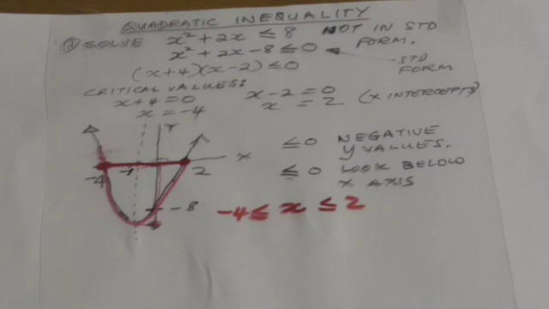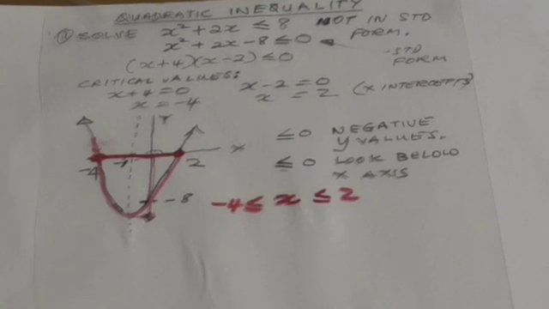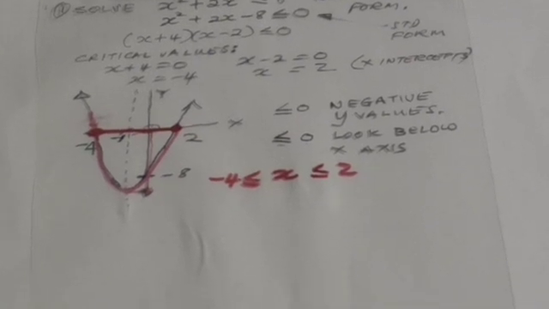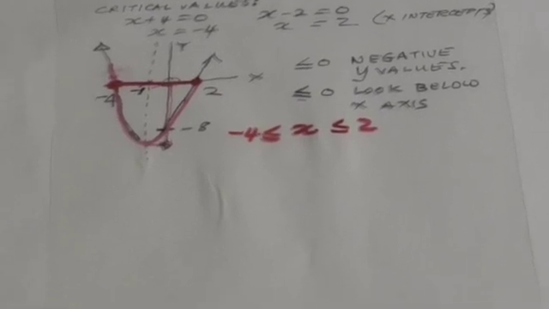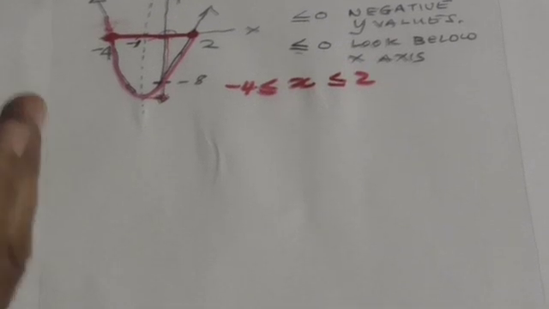Right? So, while we're on this topic, let's finish this. If a question is talking about greater than, then you'll have to look above the parabola. Let's do another example, number 2.